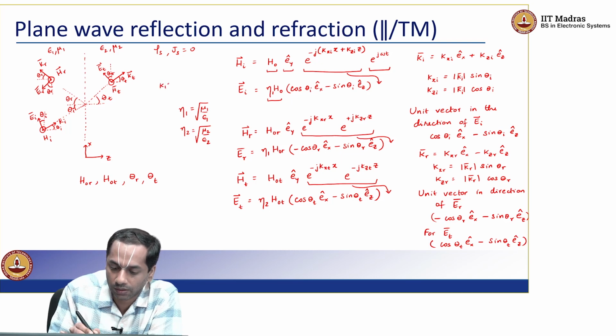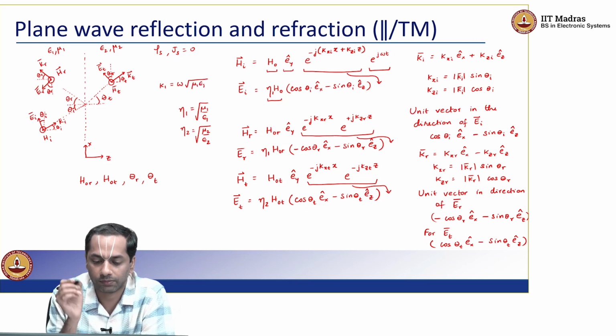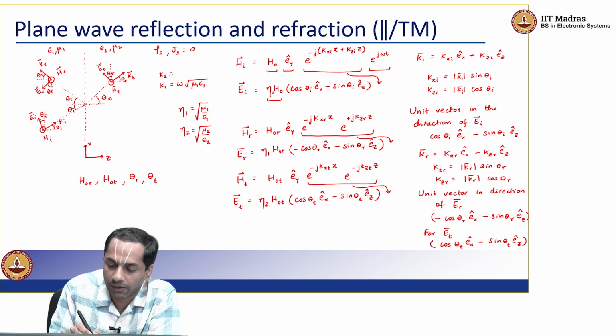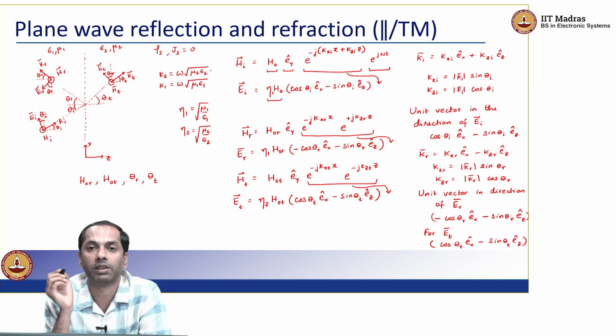So, we have k1 for a wave vector in medium 1, it should always satisfy this equation. Similarly, a wave vector in medium 2 should satisfy this equation. So, the moment you give me epsilon 1 mu 1, epsilon 2 mu 2 and the electromagnetic wave's frequency, I should immediately know what the wave vector magnitude will be. So, mod Ki, mod Kr and mod Kt are all known quantities.